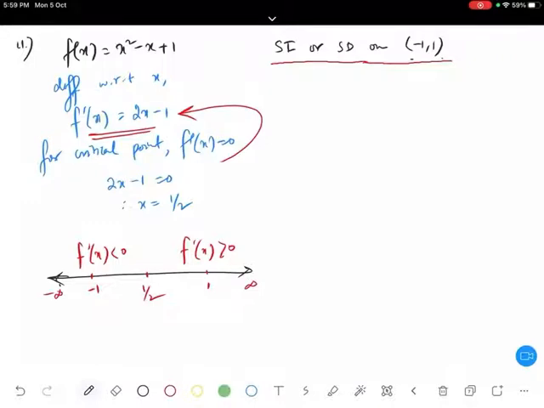Between half to 1 the function will increase. And the same goes for this side: minus 1 lies on the left hand side of half, so in the interval minus 1 to half, the function will decrease.